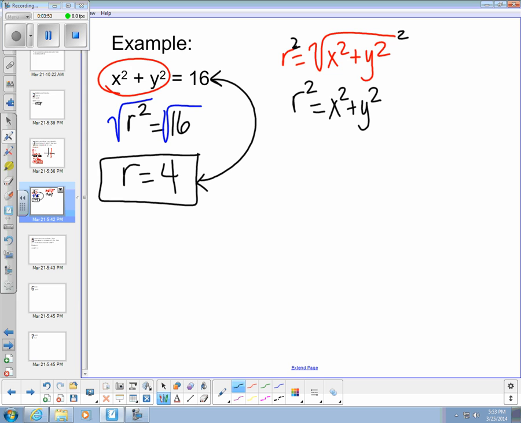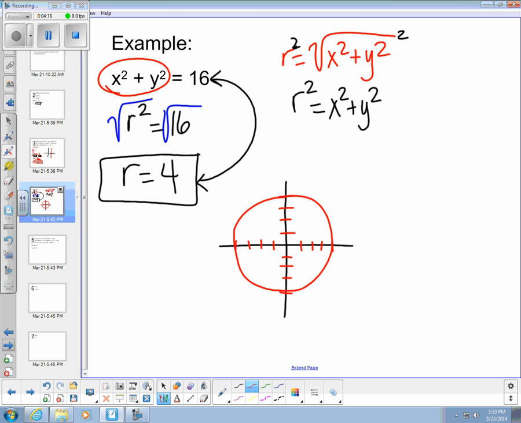If you have two squared terms and they both have the same coefficient, that is a circle. So this actually graphs to be a circle with our center at the origin and a radius of 4. So r equals 4 would just be a radius of 4. So this is the graph of a circle.